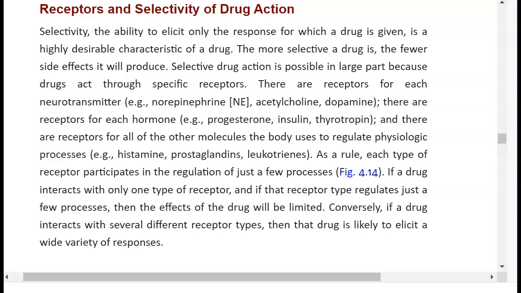So if a drug interacts with only one type of receptor, and if that receptor just regulates a few processes, then the effects of the drug are limited, in a good way, to just the thing we're trying to achieve. But conversely, if a drug interacts with several different receptor types, then the drug is going to give us a wide variety of effects and therefore likely wide side effects.